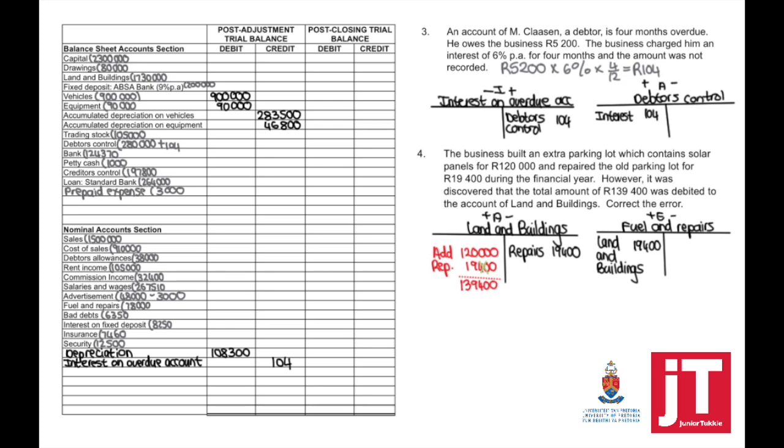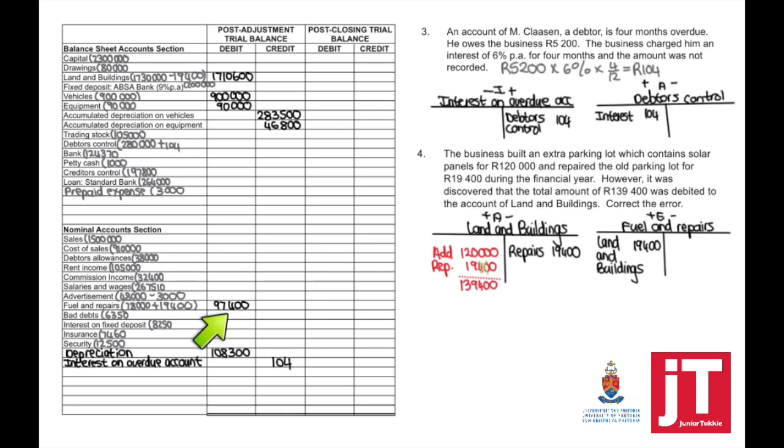Adjustment number 4, land and buildings were incorrectly debited with the total amount, 139,400. Only 19,400 must be taken out, so minus 19,400 equals, and then with repairs and maintenance, with fuel and repairs, we need to add 19,400.